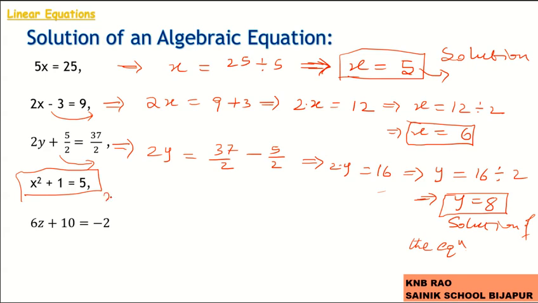For the time being, I can say x square equals 5 minus 1, it implies x square equals 4, therefore x equals 2. These are non-linear equations, you will be learning separately.